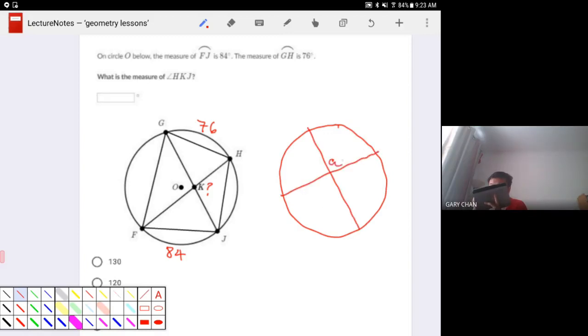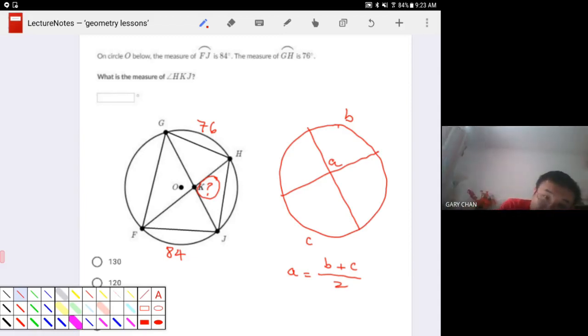Where this is angle A, this is B, and this is C. And the formula went like this, right? A is equal to B plus C divided by 2. Are we immediately going to be able to figure out what K is just based on this?